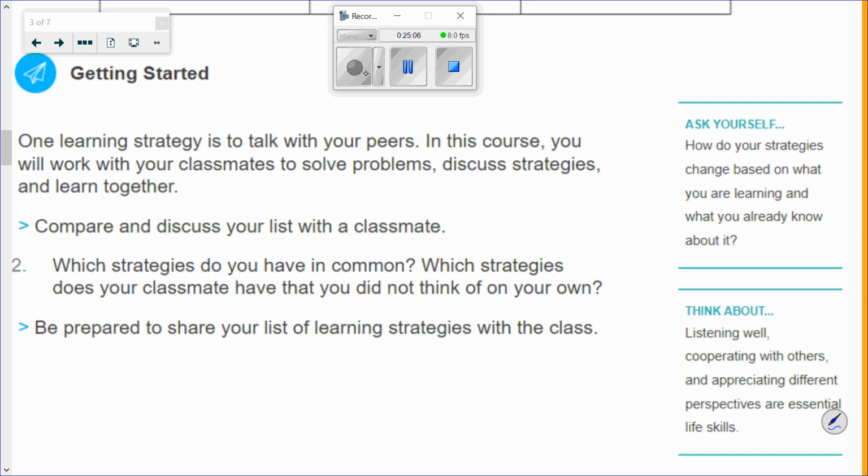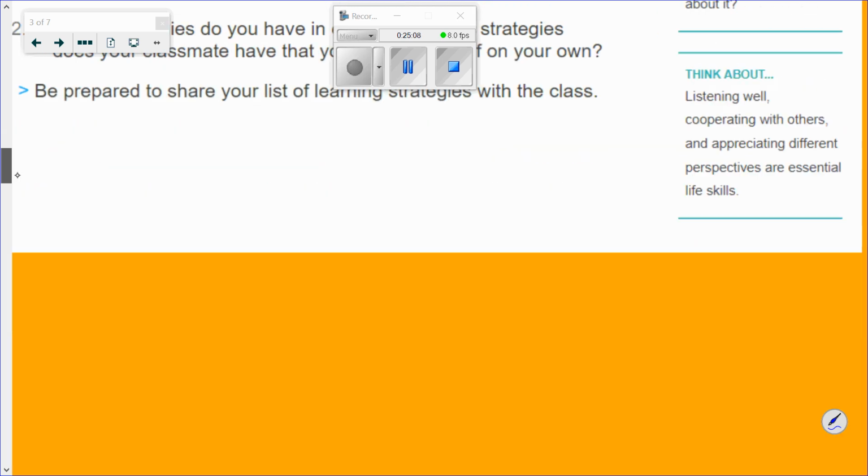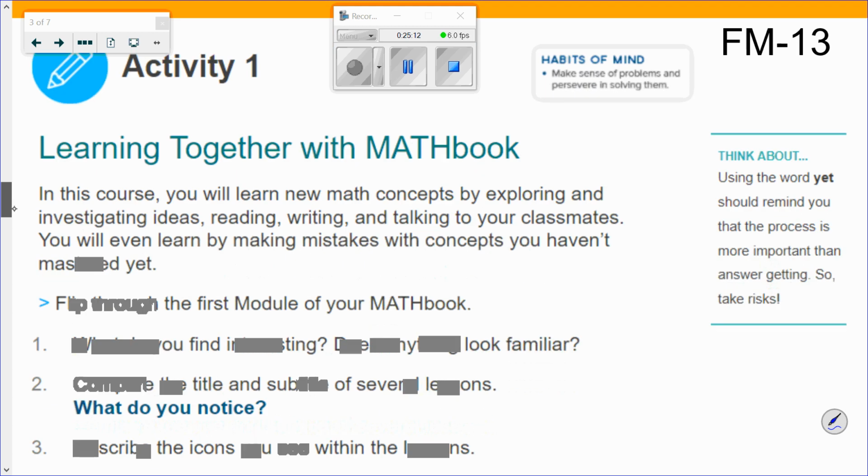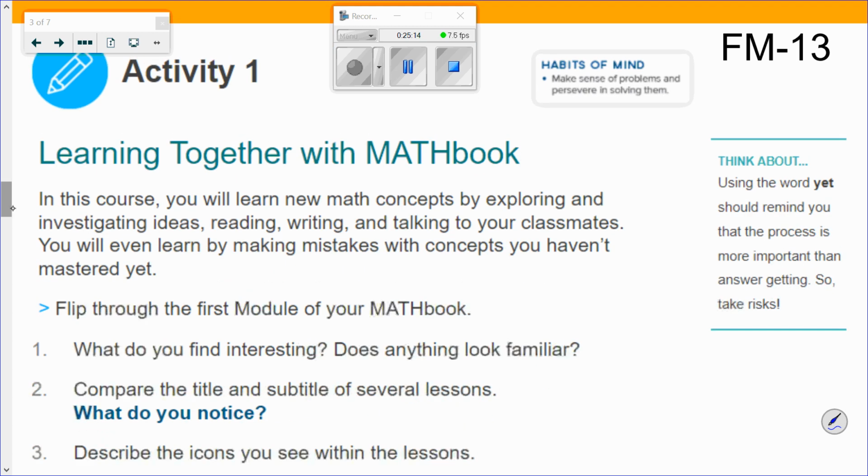Okay, let's look at our next one. See if we get one more done before lunch here. Activity 1, learning together with our math book. In this course, you will learn new math concepts by exploring and investigating ideas, reading, writing, and talking to your classmates. You'll even learn by making mistakes with concepts you haven't mastered yet. I love the fact that they're bringing this out right away.